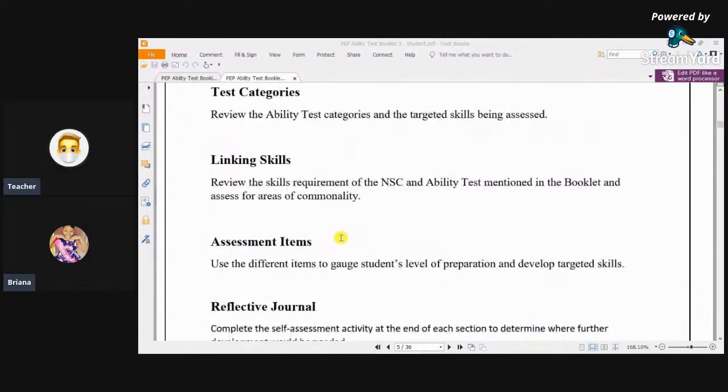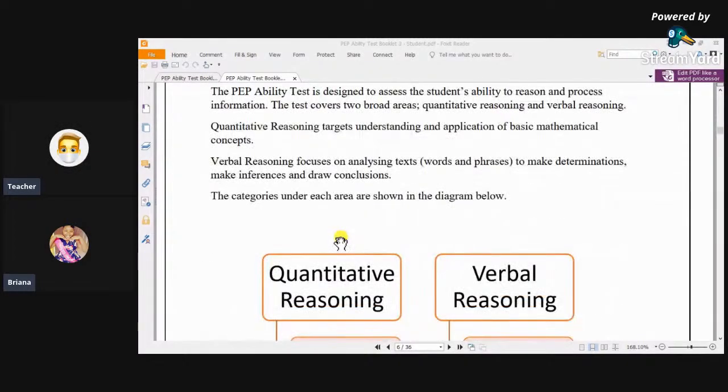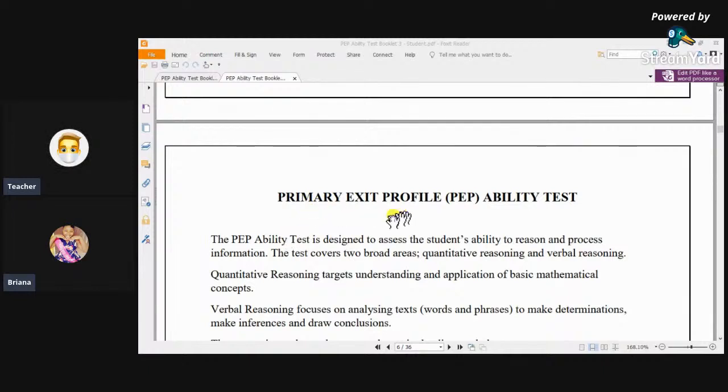They talk about how we should use the book, and here let's go into this section that gives us some information now about the ability test. The ability test is designed to assess students' ability to reason and process information.